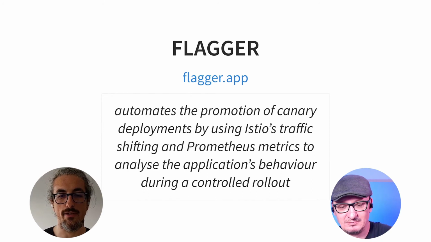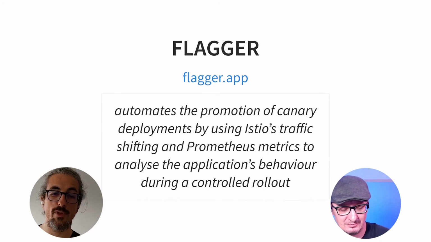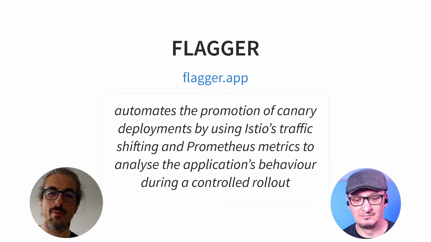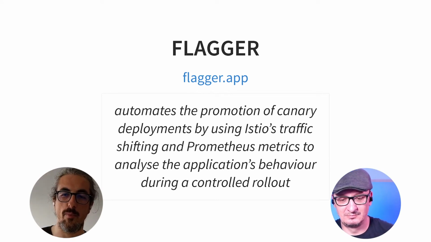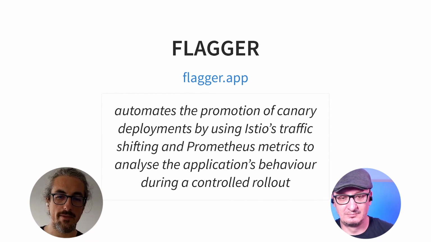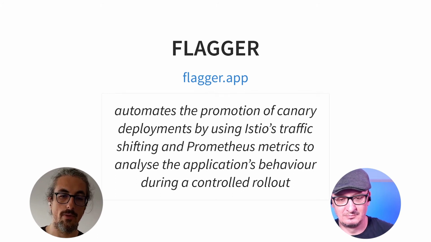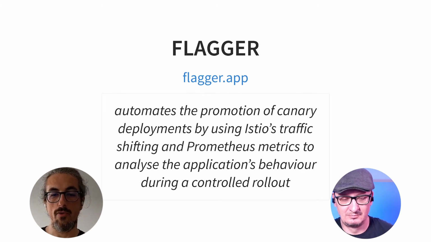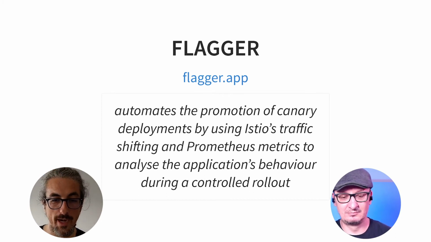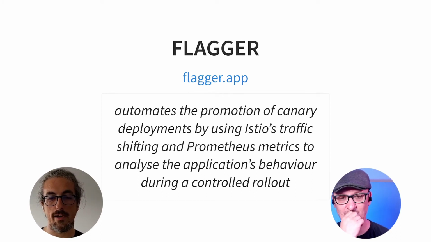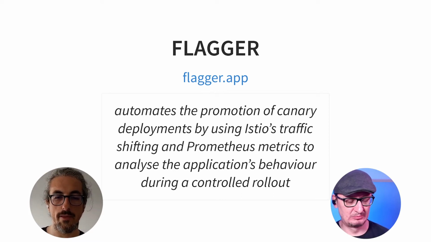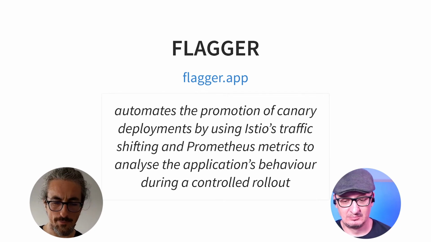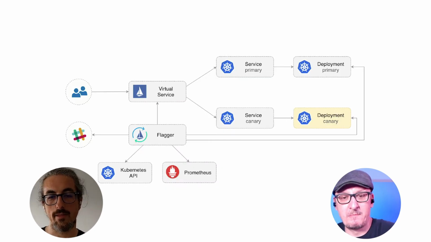And another interesting project, the most interesting project in the sense of canary deployments, is Flagger. It's an open source project that automates the promotion of canary deployments using Istio and Prometheus metrics. So when you deploy a new deployment on Kubernetes, Flagger is there listening to events and sees the new deployment, if you have enabled Flagger on it, and copies that deployment over.